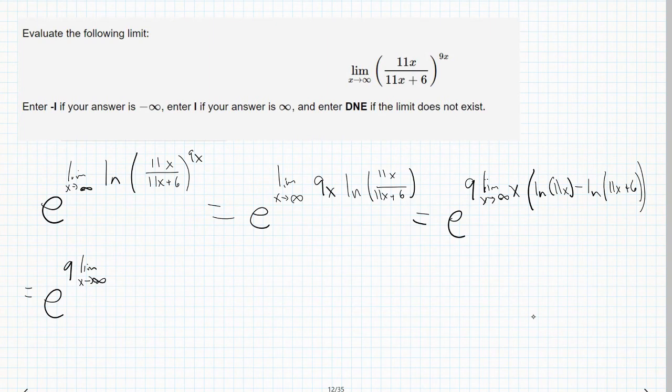Now, this won't work out perfectly for us just yet, but we can make it work a little bit easier. We can write, instead of x, because we need to have some indeterminate form of the form like 0 over 0 or infinity over infinity. In order to do that, well, actually that won't work right there.